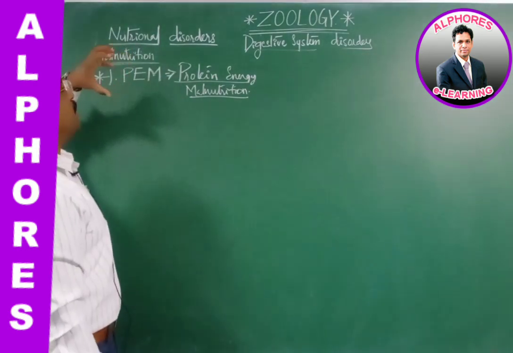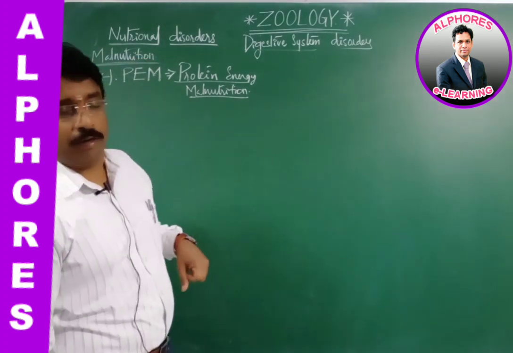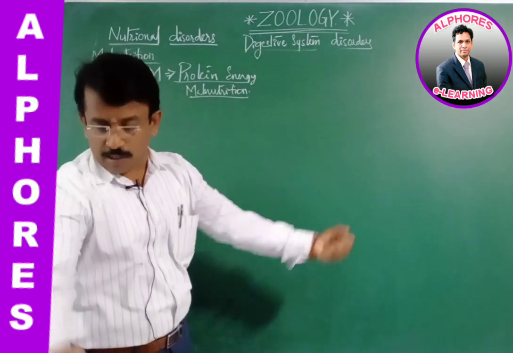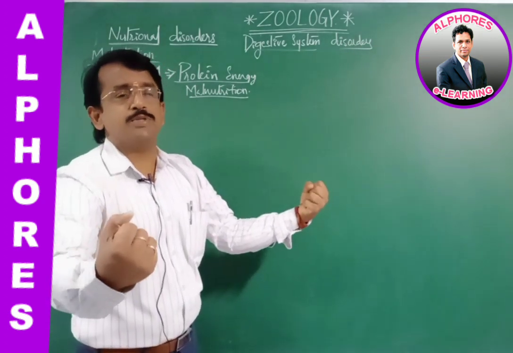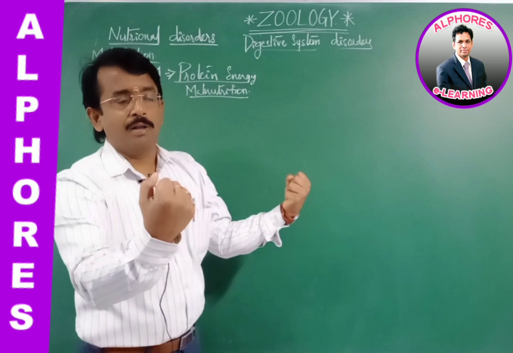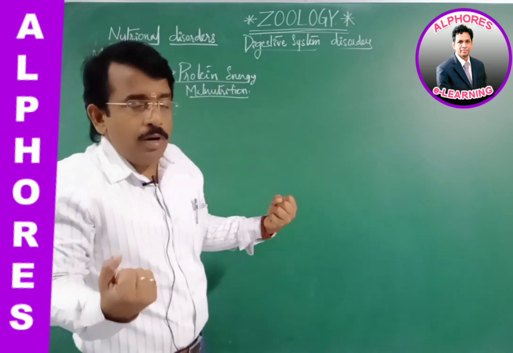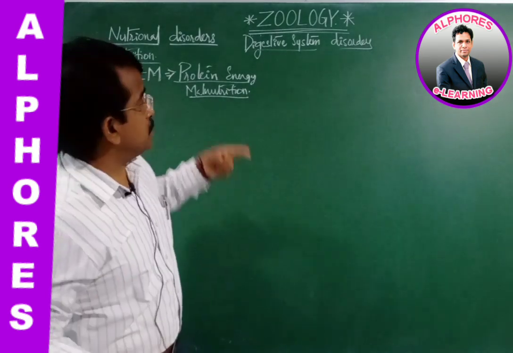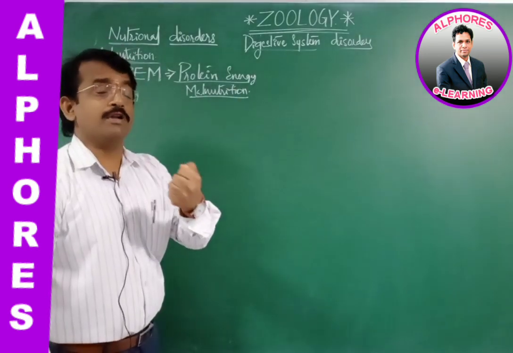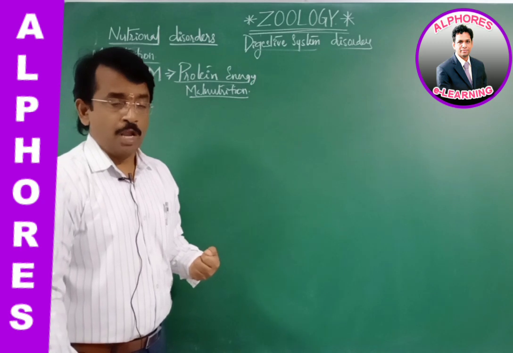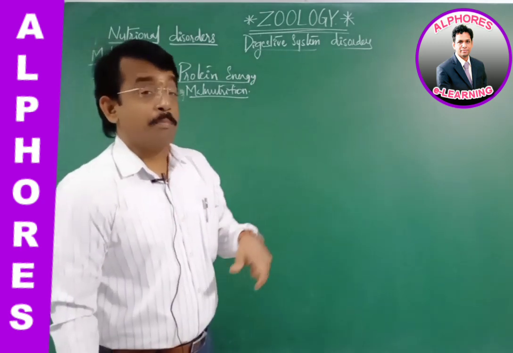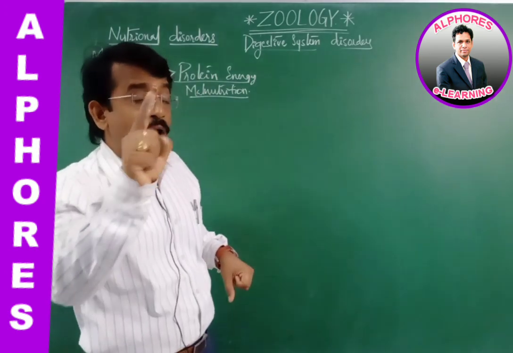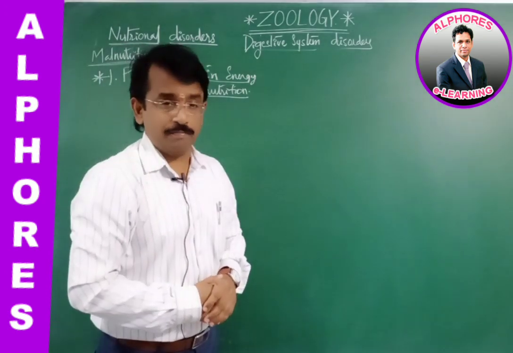In this protein energy malnutrition, first of all, the proteins are building materials of the body, that is the muscles, limbs, the brain, physical and mental growth, for which the protein is very, very important. Protein is also one of the hormonal compositions.